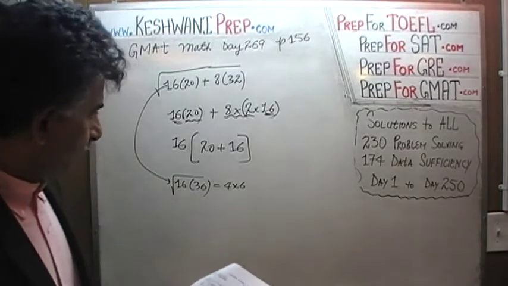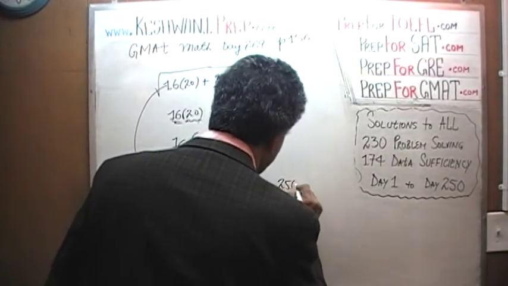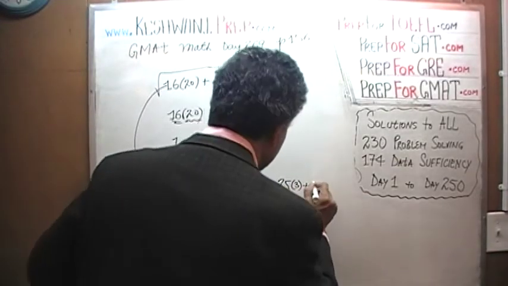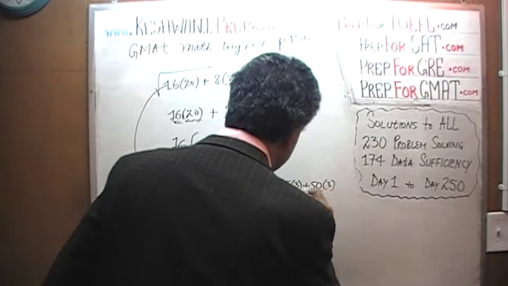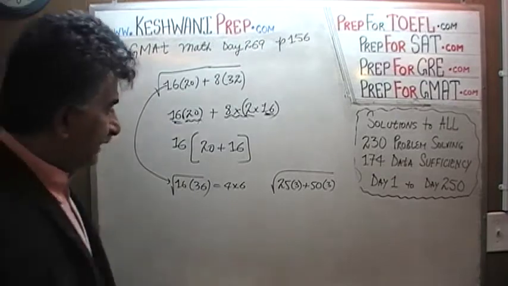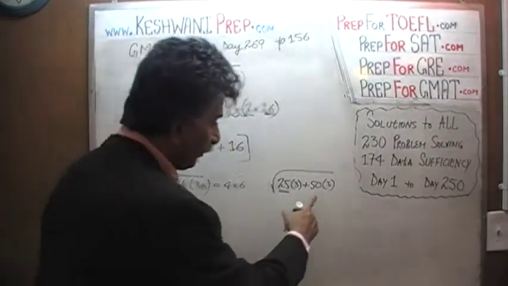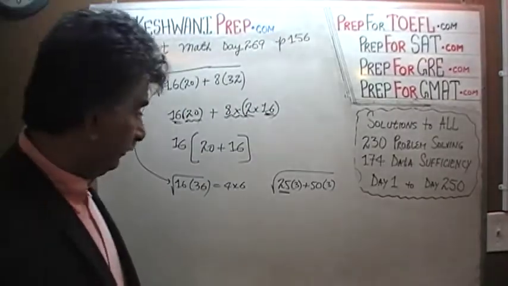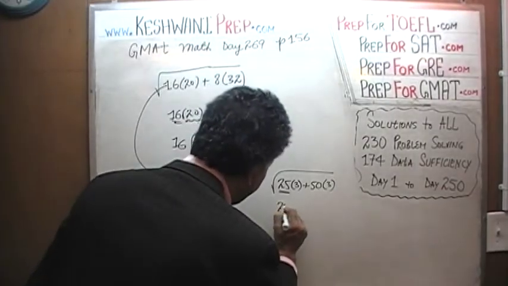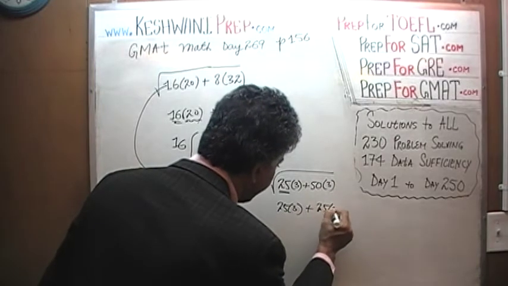Let's do one more, shall we? 25 times 3 plus 50 times 3. Take the square root of it. Again, I see a 25 here, which is a perfect square. If we can somehow get a 25 out of this term, we are all set. 25 times 3, and this 50 times 3 can be written as 25 times 6.